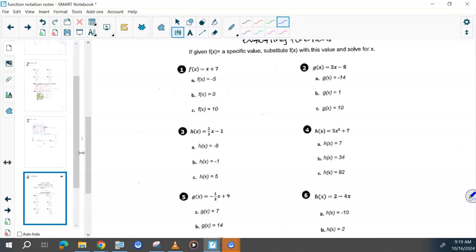So the biggest thing of all of this is knowing what you're solving for and solving for the right thing. Because we're given y, we're going to take this number, get rid of the f of x since that is y, and rewrite the equation with that in its place. And then we're going to solve for x. How would I do that?